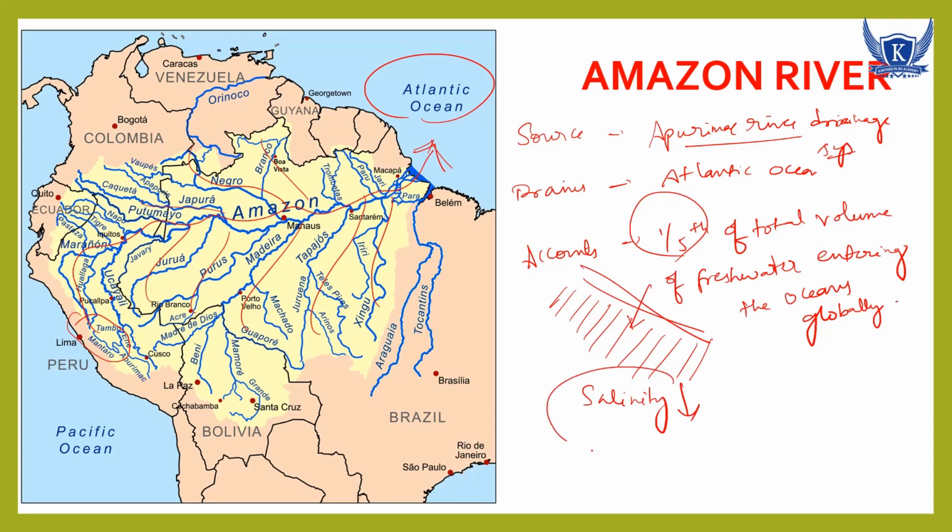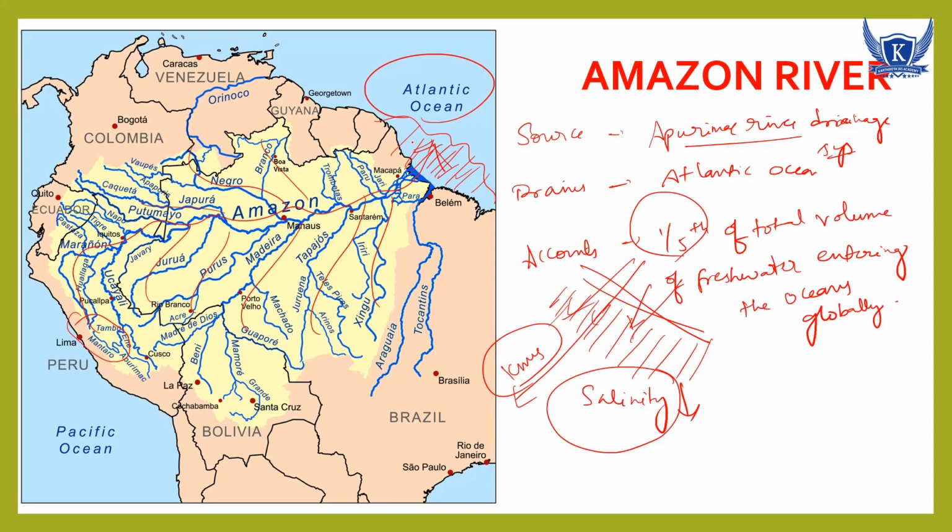Generally the water in the oceans will be salty, the salinity will be more, but as a lot of fresh water is continuously being added, up to a few kilometers you will see that the salinity is very less. See here, it is adding a lot of fresh water. So in this region, the salinity will be very less because a lot of fresh water is being added continuously into the ocean.